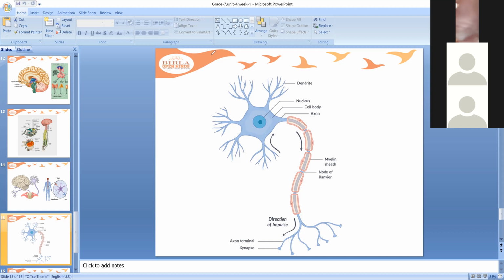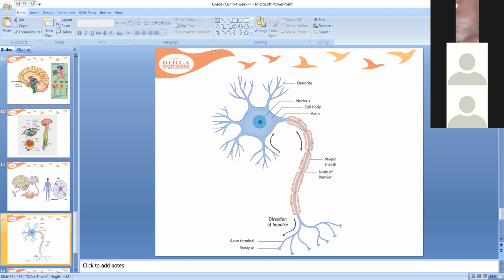Then your brain will give information to your muscles, muscles of your legs, muscles of your hands, to run away from that. So your leg muscles will act upon the information given by your brain. Okay, is it clear?